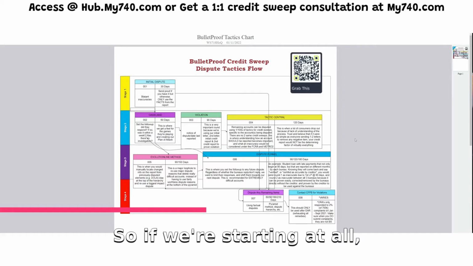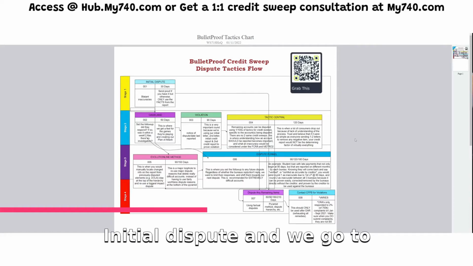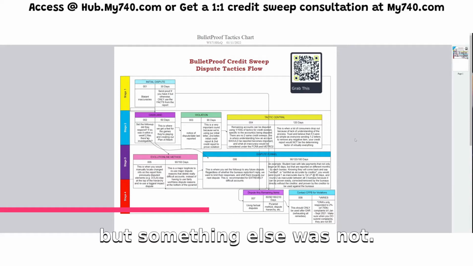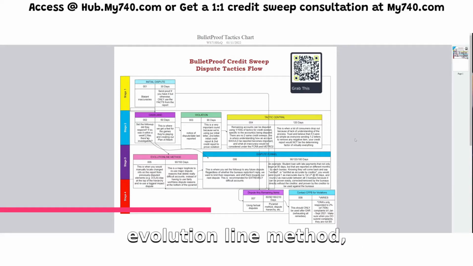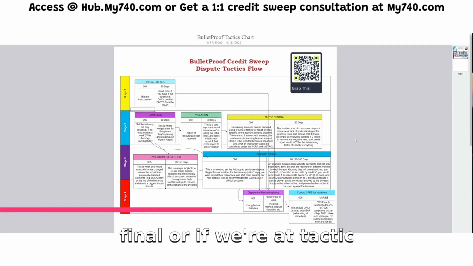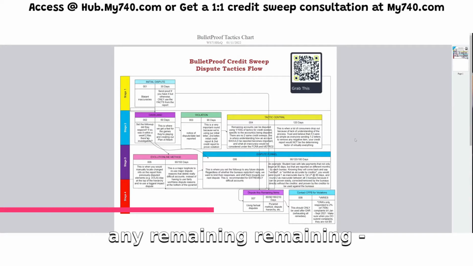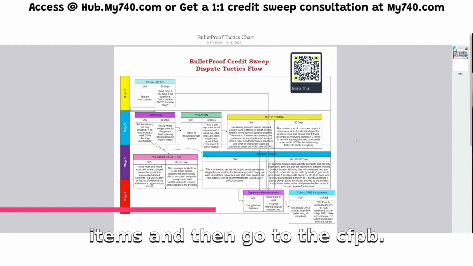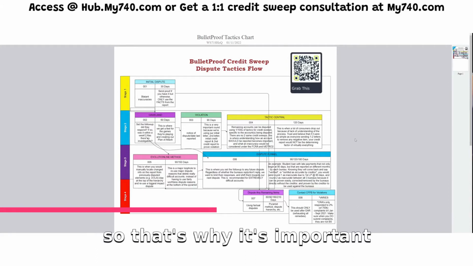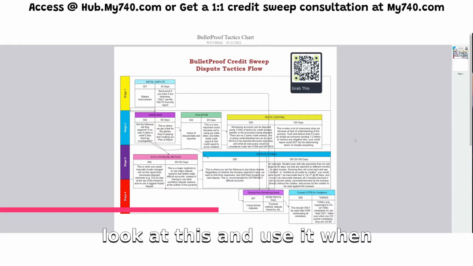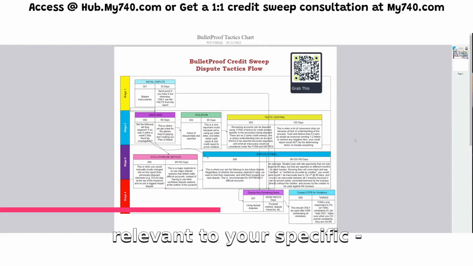So if we're starting at our initial dispute and we go to Gameland, now if the account was removed but something else was not, now we can jump down to the evolution line method, or we can go to the dispute funnel. Or if we're at Tactic Central, we can jump down to disputing any remaining negative items and then go to the CFPB. Okay, so that's why it's important that you download this and go get your copy so that you can look at this and use it when relevant to your specific negative items.